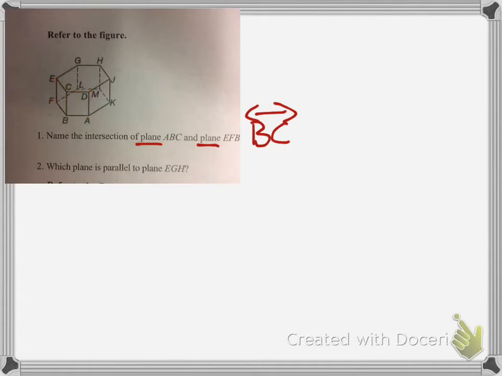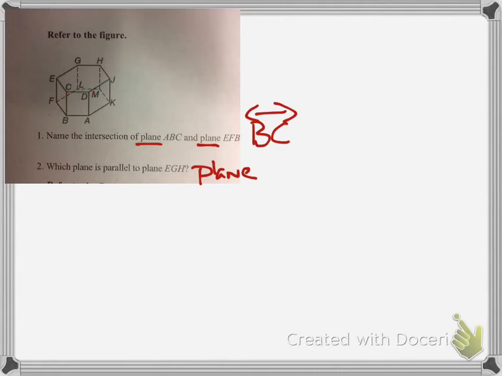parallel to EGH? So EGH, that means this plane. That plane, so basically the top, so you need one that tells you about the plane for the bottom. You got to be careful here because, especially with the test, they may give you only 3 non-collinear points.